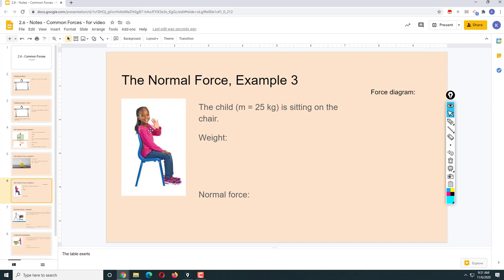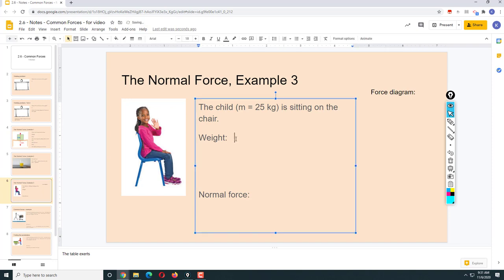Here we have a child sitting on the chair. What's the weight? Well, F equals ma. M is 25. We're on Earth, so a is about 10. So F is 25 times 10, which is 250 newtons, and we know that's downwards. So the weight is 250 newtons downwards.